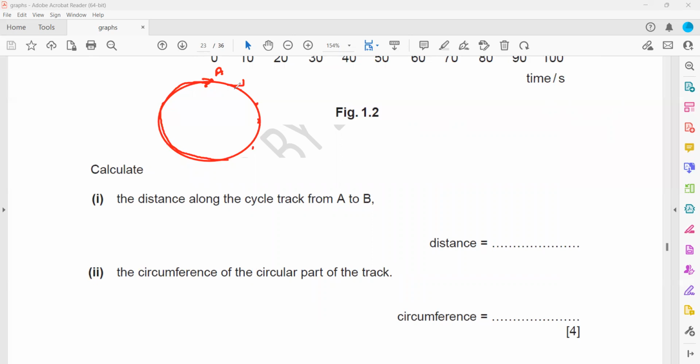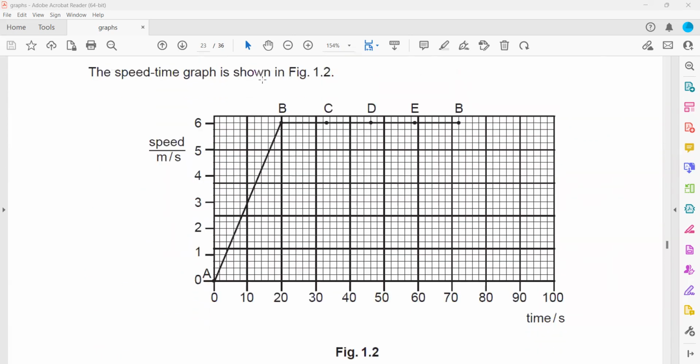So when you check the graph, which point is repeated again? This is B and this is B. So we have to calculate the distance when we start from B and return back to B. That's why we are only calculating from B to B. Is this one clear?